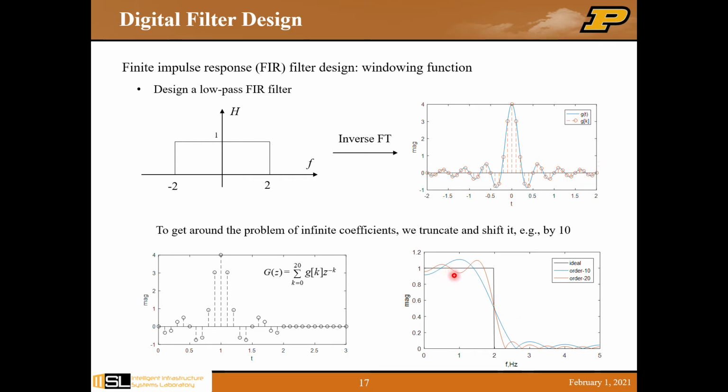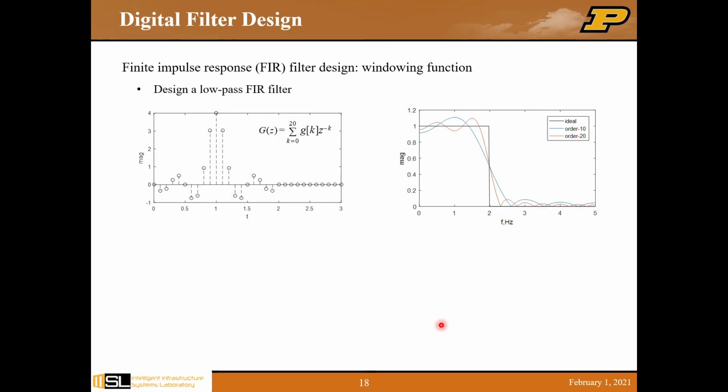And the other curve corresponds to the longer impulse response here. As you can see, if we keep more coefficients, the resulting transfer function is closer to the idealized low-pass filter.